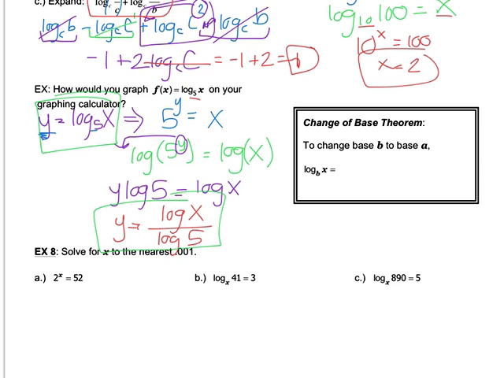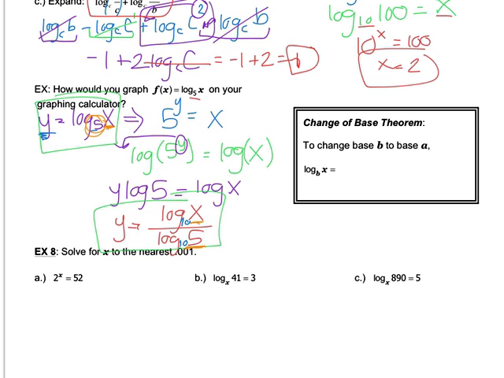So the formula, I think it's easy to remember. You can have whatever base you want. Typically we're just going to convert to base 10 because that's what's programmed into our calculator. But if you look at these numbers, x appears right here on top. So whatever you were originally taking the log of, you're still taking that log with the common log in the numerator, and then in the denominator, you're taking the log of your old base.